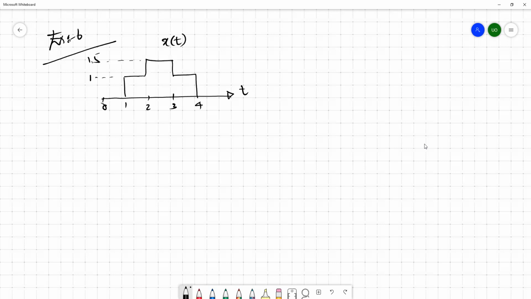Initially you are asked to evaluate the Fourier transform of this.